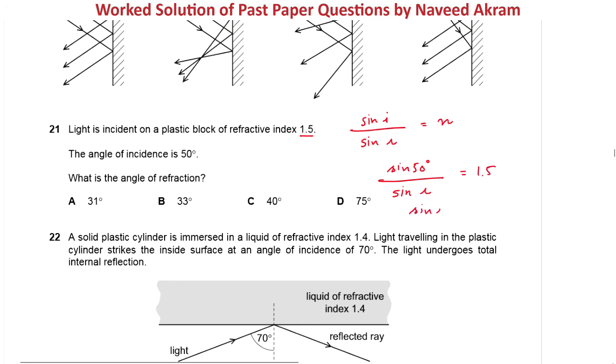So sine of R will be equal to sine of 50 degree divided by 1.5. If we calculate it and if we take inverse sine of this value, it comes 30.7 degree. Option A is the right answer.